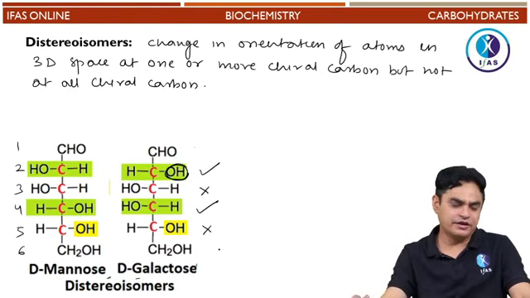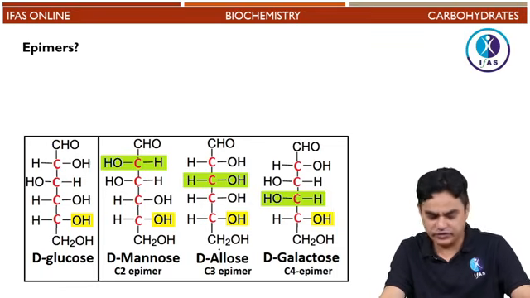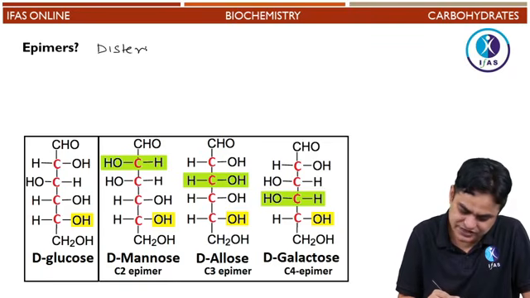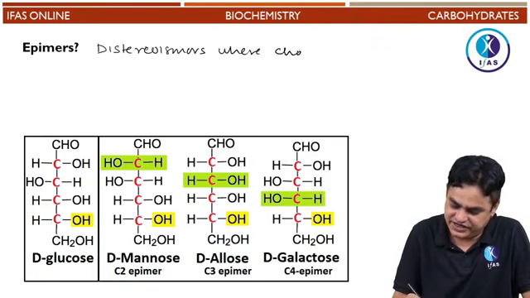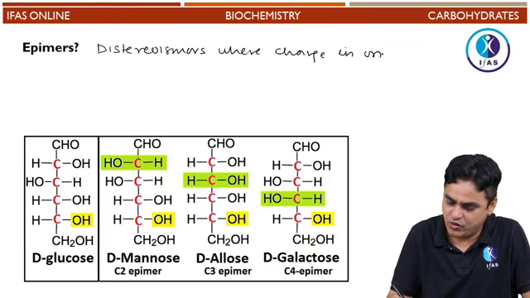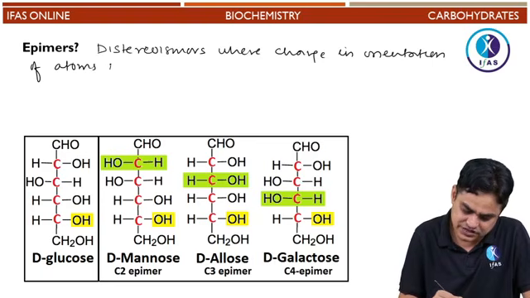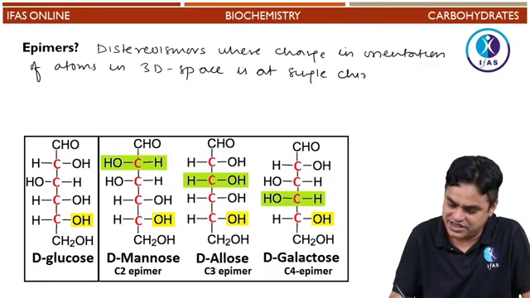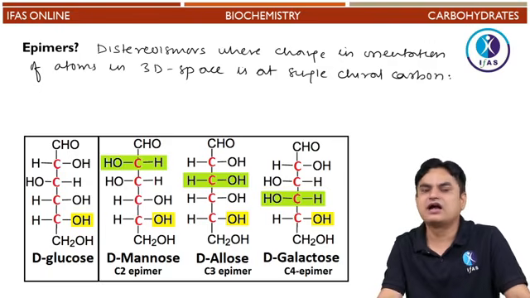Okay. Now there is a special class of diastereoisomers that is referred to as epimers. So what are epimers? Epimers are diastereoisomers where the change in the orientation of atoms in 3D space is at a single chiral carbon.